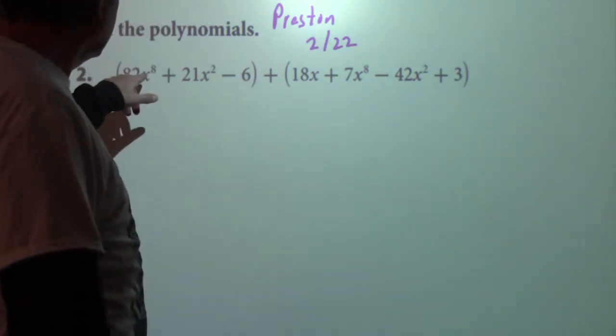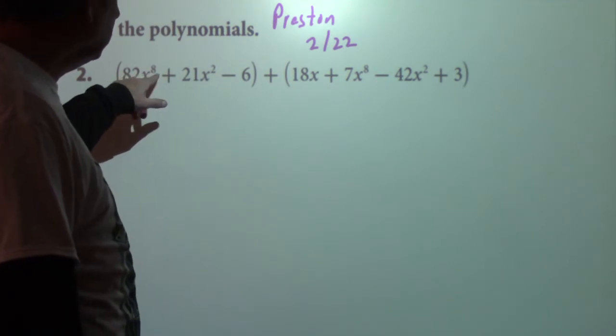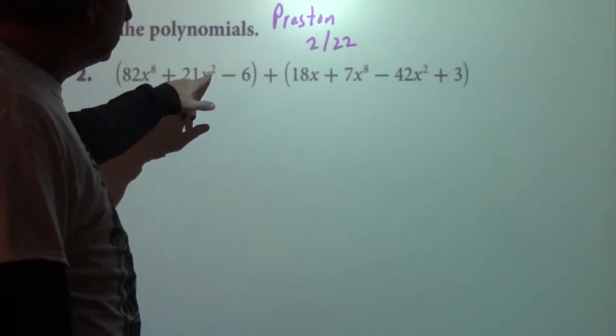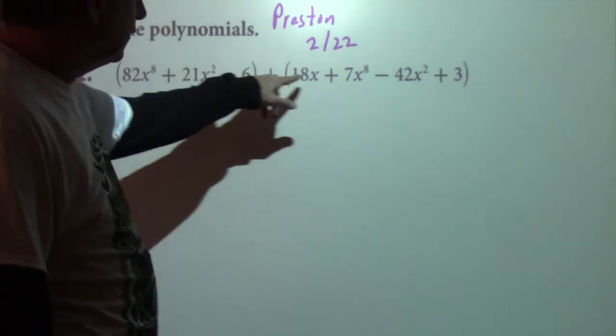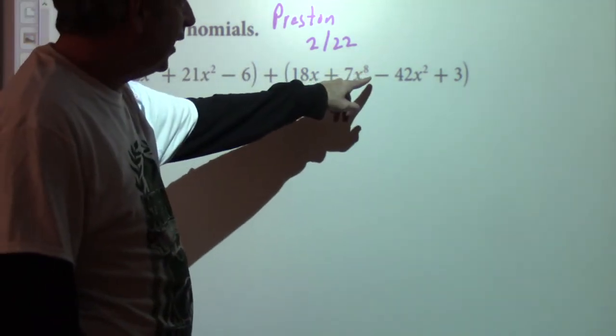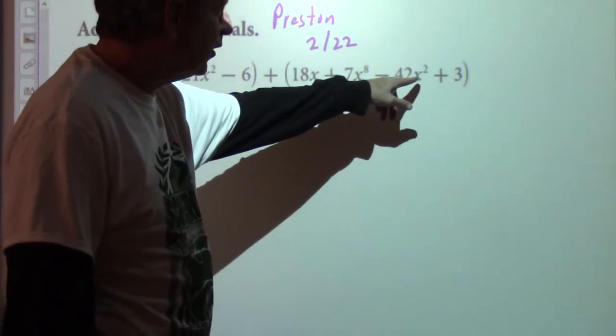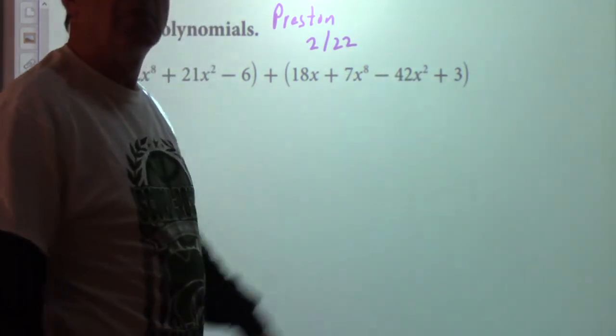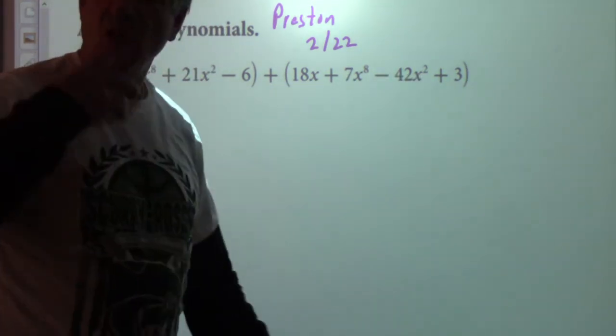Oh, okay, yeah. Sure, this is x to the 8th power. This is x squared. This right here is 7x to the 8th power. This is minus 42x squared. Can I get a copy of the paper?